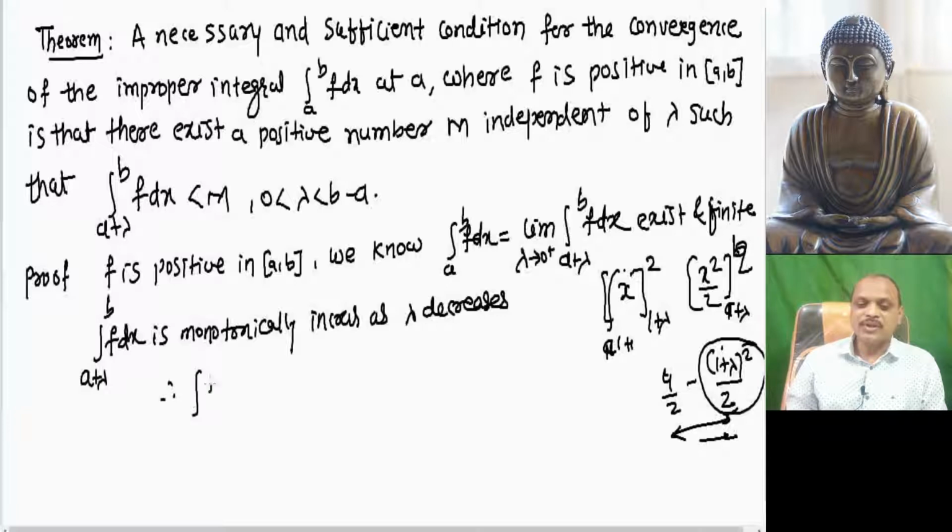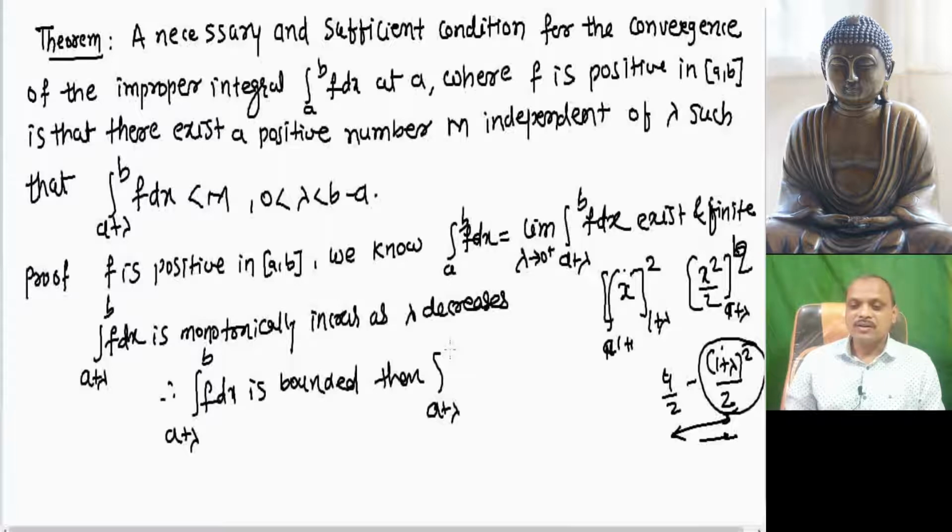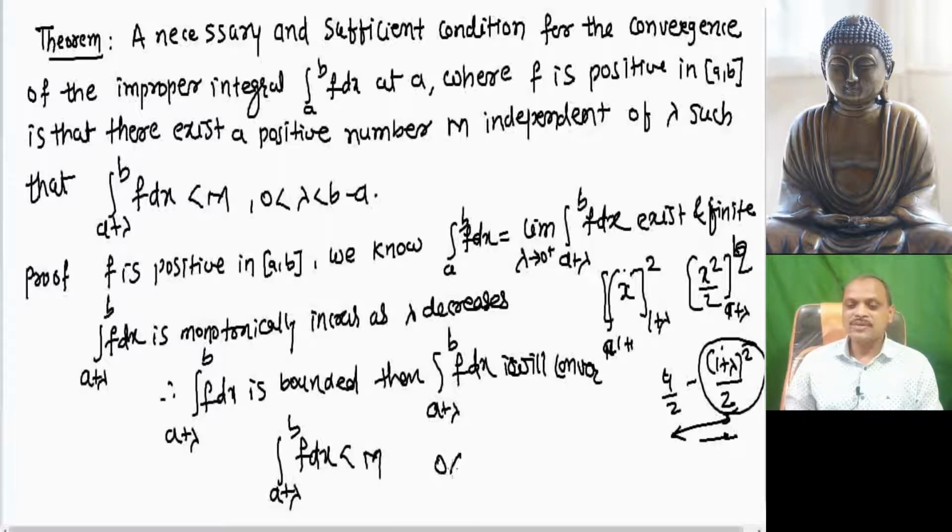Therefore, if the integral from a plus lambda to b is bounded, it tends to a finite limit, and the integral converges. Whenever this integral is bounded, and the bound does not depend on lambda, that is, whenever this value is less than M, where lambda lies between 0 and b minus a, the value of M does not depend on lambda.